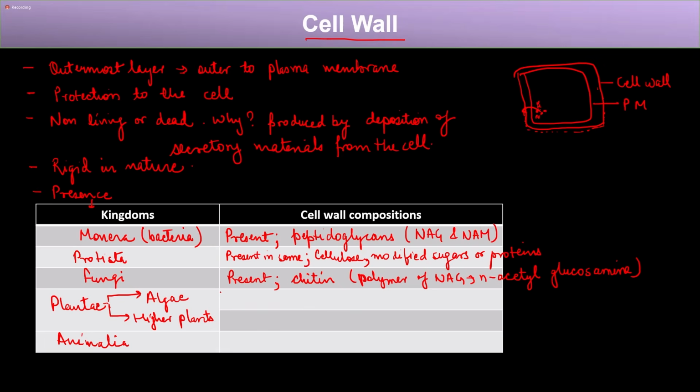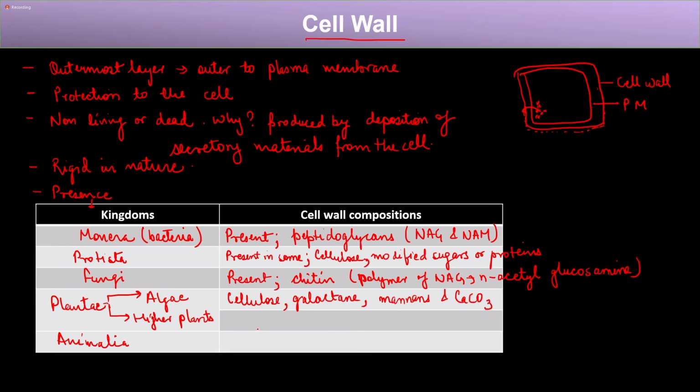So if you talk about the algae, in algae the cell wall is made up of cellulose, galactans, mannans, and calcium carbonate.